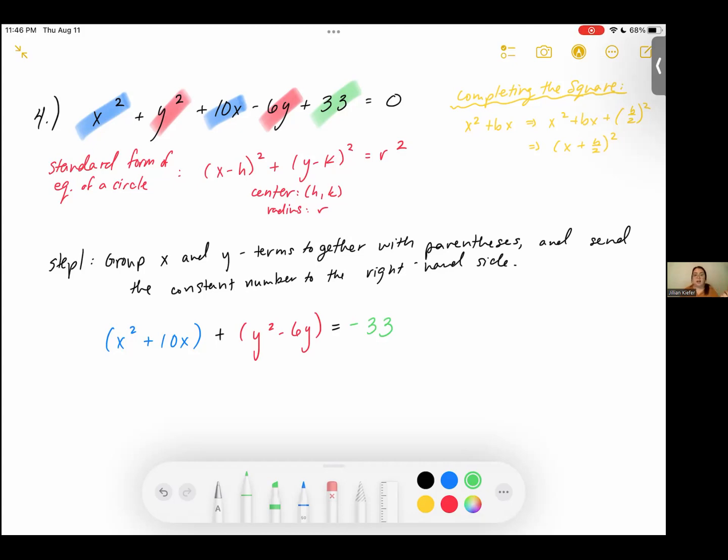We need to have our x terms and our y terms look like x minus h squared and y minus k squared. We're not going to worry about radius squared or r squared because we're just going to hope that by the time we're done doing this, it's just going to look correct.